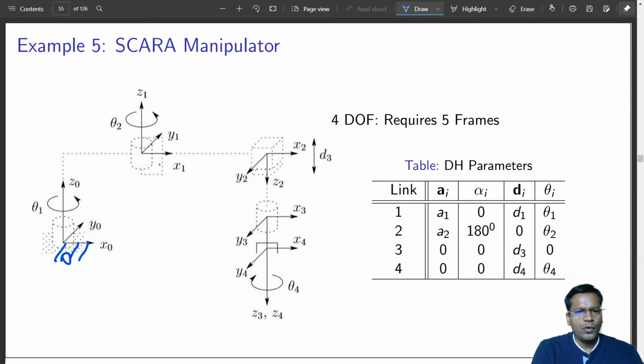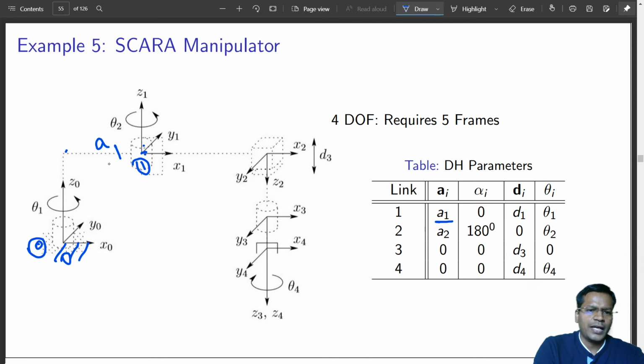Now see how frame 1 is placed. There is some distance between z0 and z1. What is that? That is the link length, and this is a1. Between the first frame and the 0th frame there is also some distance traveled along the z axis.